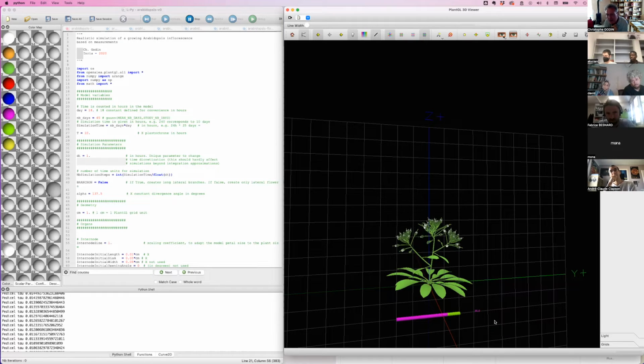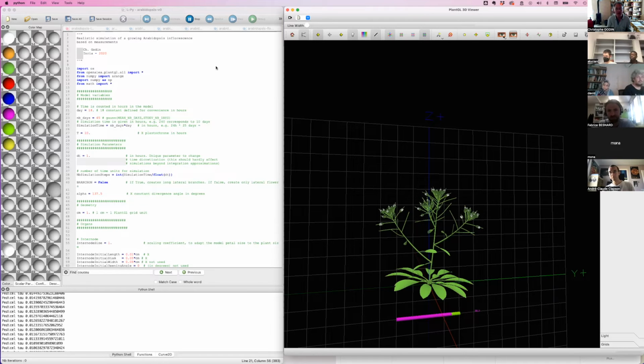Okay, so this is very preliminary. It doesn't yet integrate every aspect of the system, but it sort of gives you the overall direction in which we are going. Okay, Fabrice, I give you back the floor.